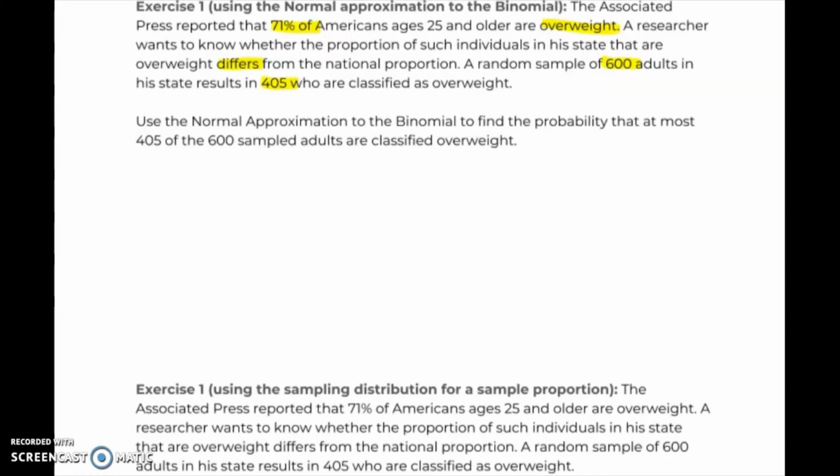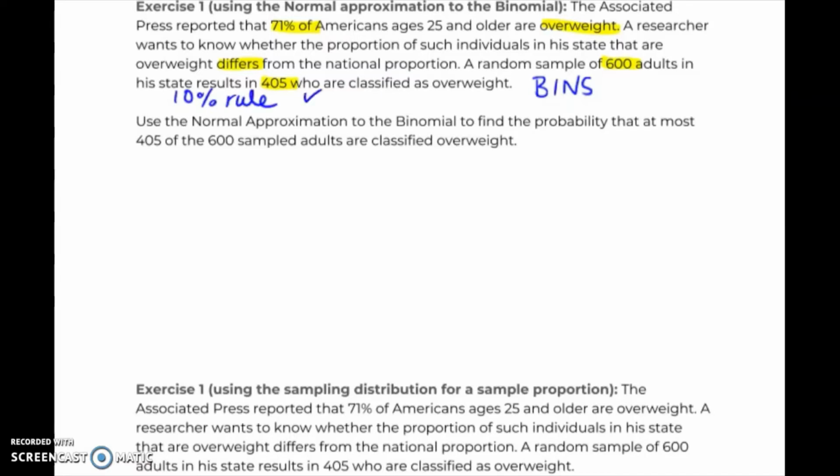So just to go over the rule for our binomial, B would be binary. Either a person is overweight or not. I is independent, so one person being overweight is independent from another. And again, even though we're not picking with replacement, it has to do with that 10% rule.